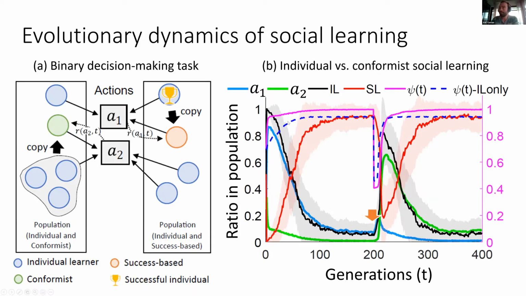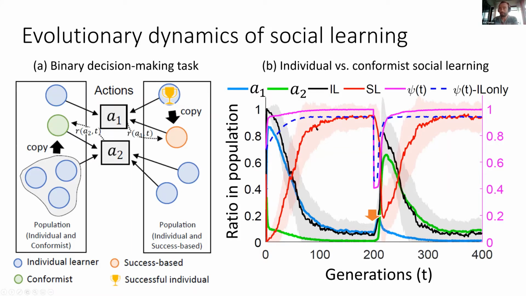And here the black line shows the individual learners ratio in the population, and then red shows the ratio of conformist social learners in the population. This is from the evolutionary game theory point of view: we measure how many individuals are in the population depending on their fitness, their success, based on selecting which action to take and receiving these rewards.